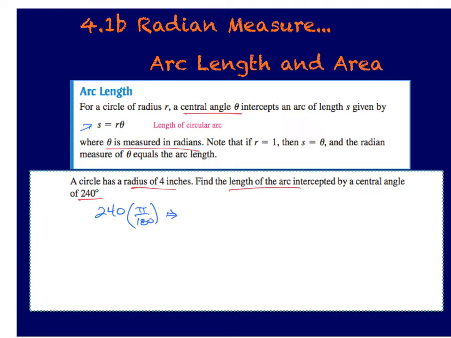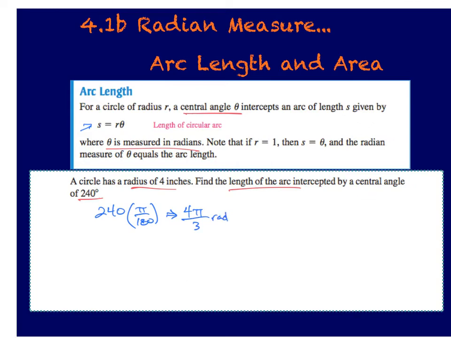So how many radians did we have? What is 240 pi over 180 simplified to? 4 pi over 3. Good. So that's how many radians we have as our intercepted arc.